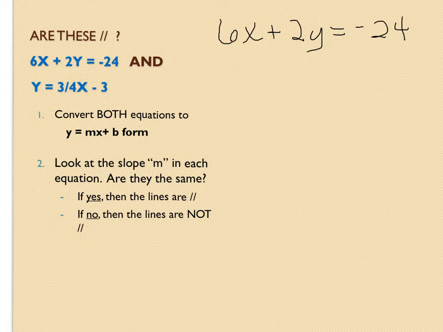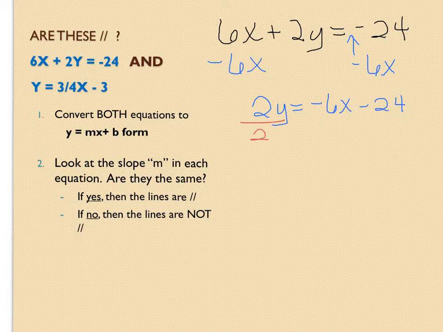I need to get it over onto the other side of the equal sign, and it needs to be sitting right there, immediately after the equal sign. So I'm going to subtract it from both sides, and I'm going to insert it right in there. And next I'm going to divide everything by 2, because remember the y has to have a coefficient of positive 1.